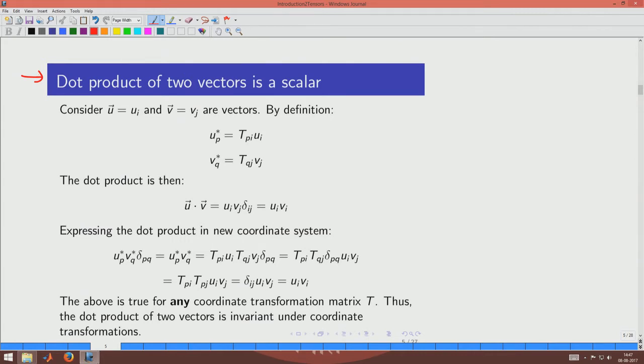What we mean by that is when we take 2 vectors and look at the dot product, in any other coordinate system the components of these 2 vectors could change, but the dot product will not change, it will be the same value numerically. So, we want to prove that. How do we prove it? The same steps will be followed for all the derivations. So, if you pay attention to the sequence of steps, it will help you derive many of the remaining derivations by yourself.